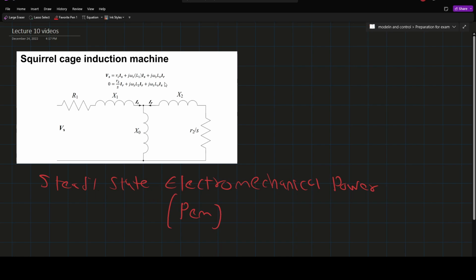In the last videos, we figured out that these were our voltage equations for our squirrel cage, and this was our equivalent circuit.